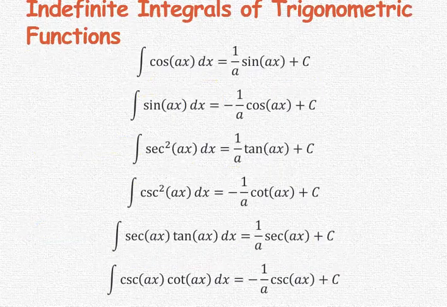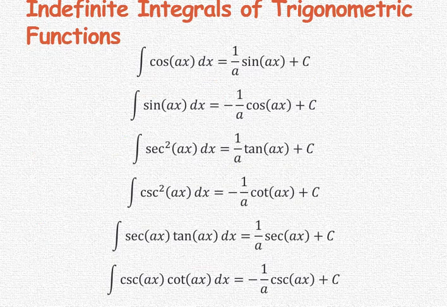For the indefinite integrals of the trigonometric functions, we use the concept of thinking backwards. The antiderivative of the cosine of ax with respect to x is 1 over a times sine of ax plus c.